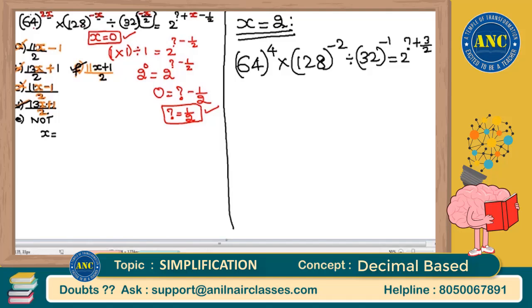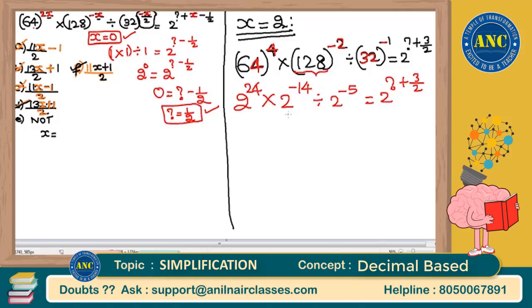Further simplify, all the bases on the left hand side are powers of 2. It is 2 power 6 whole power 4, so 2 power 24. 2 power 7 whole power minus 2 is 2 power 7 into minus 2, minus 14. 2 power 5 whole power minus 1 is 2 power minus 5. 2 power question mark plus 3 by 2. Can I further simplify, sir?